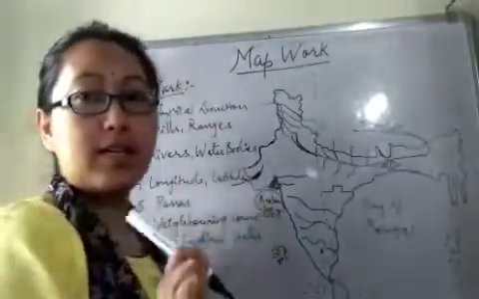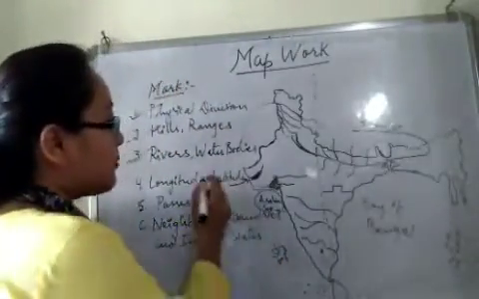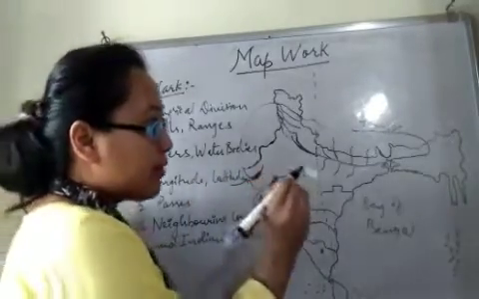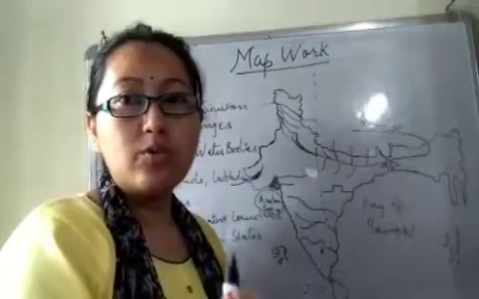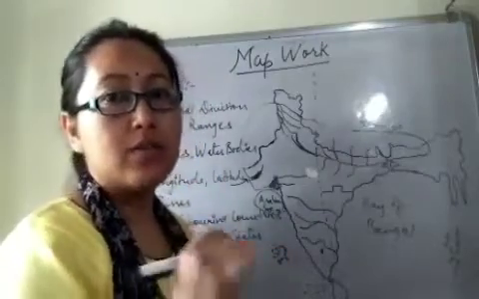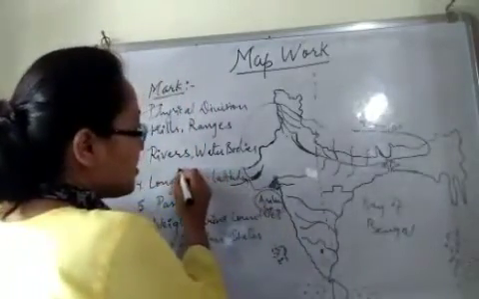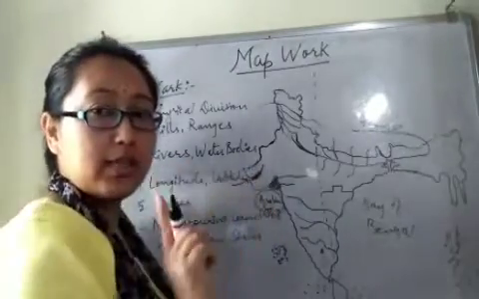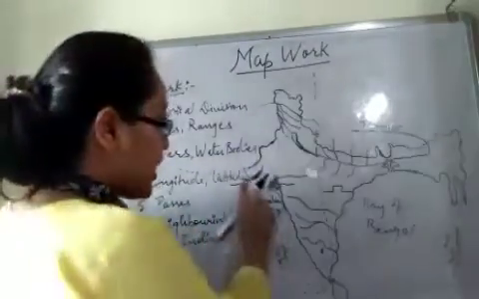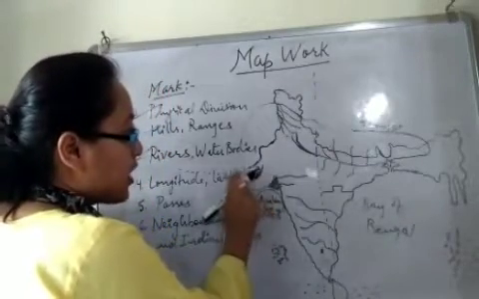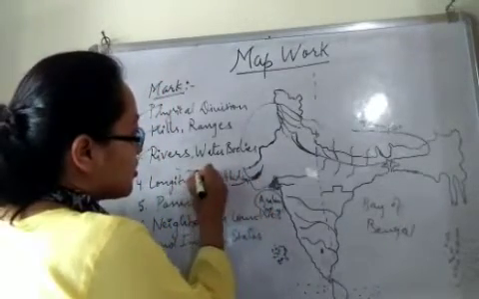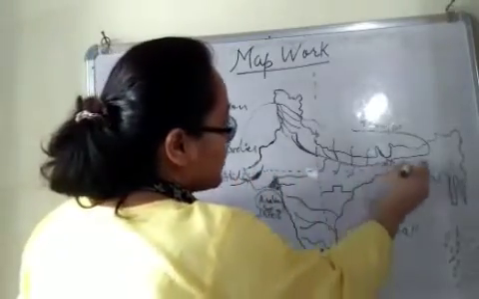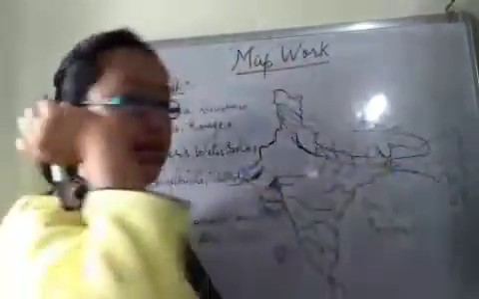Now next, latitude. The latitude that passes through India, which cuts India almost into two equal halves, passes through Gujarat. Above this Gulf of Kutch that we just marked, this latitude passes through Gujarat like this, right?